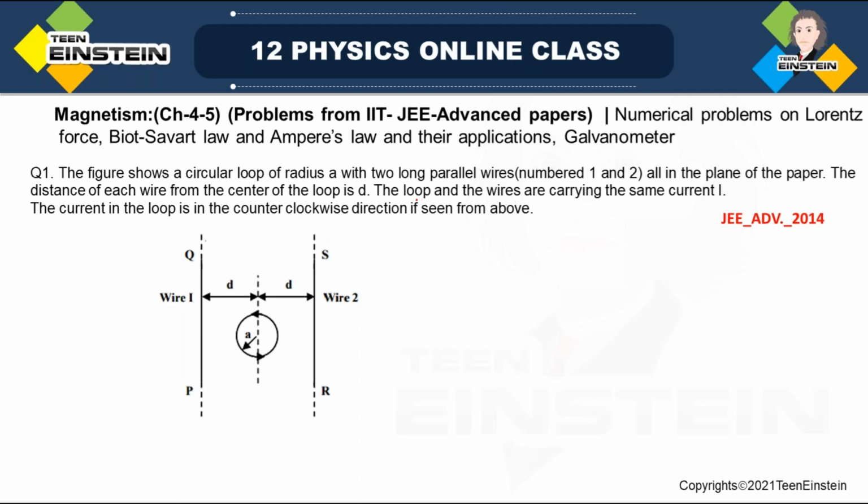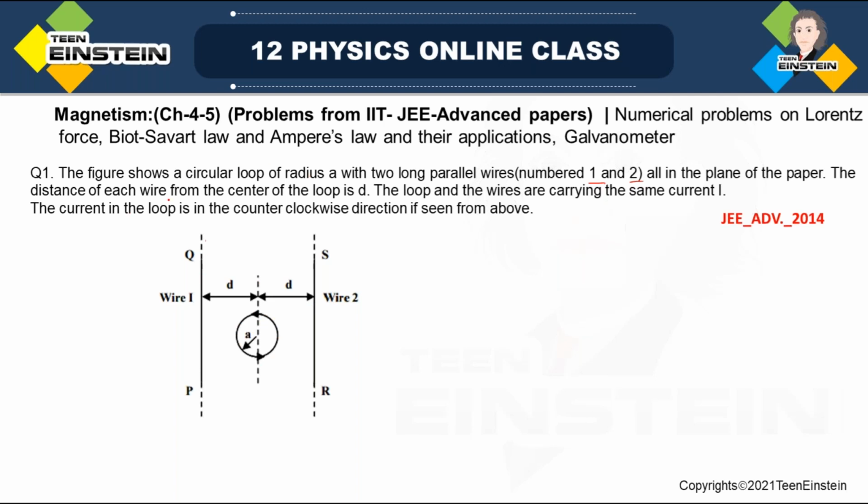Now, the figure shows a circular loop of radius a with two long parallel wires, number 1 and 2, all in the plane of the paper. All, that means these wires, all are in the plane of the paper.